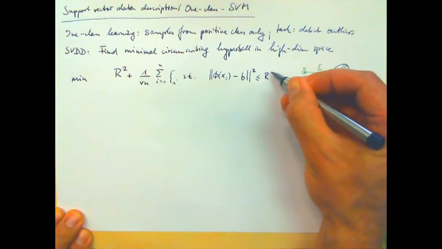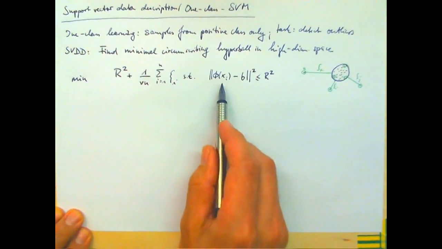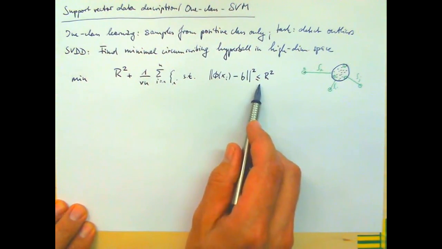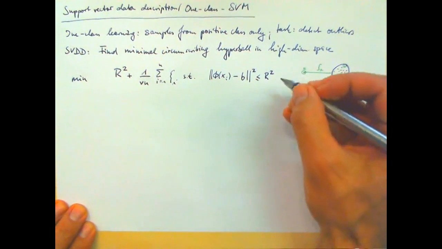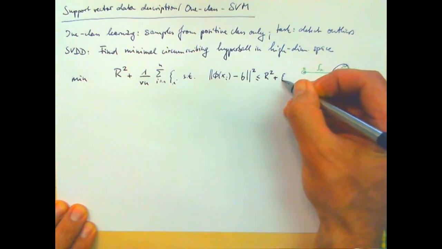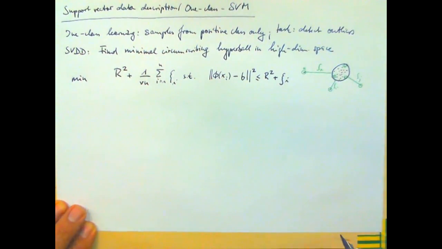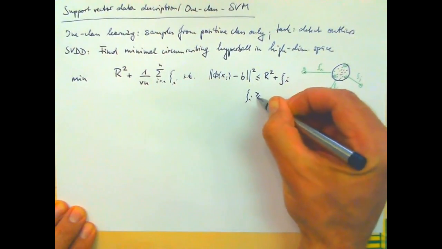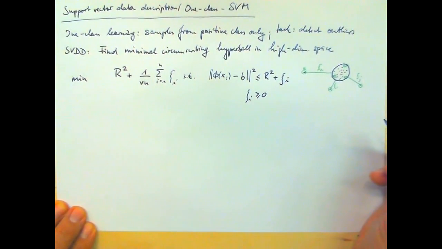And we want the squared Euclidean distance of each of my points from the center of the ball to be smaller than this radius r, except that we admit some slack here. Slack variables should be non-negative.